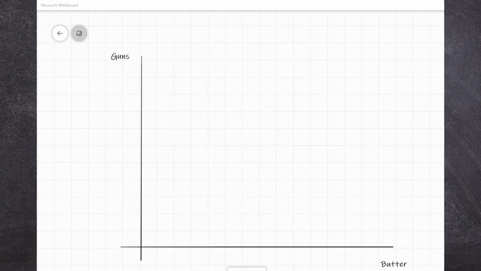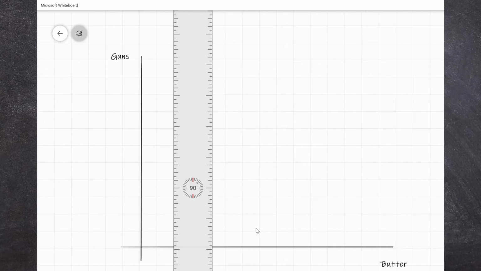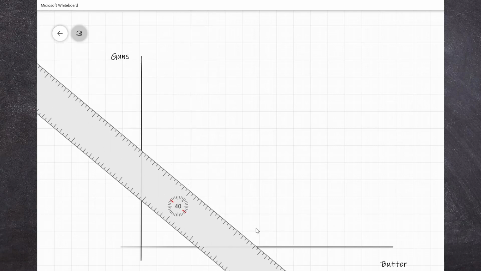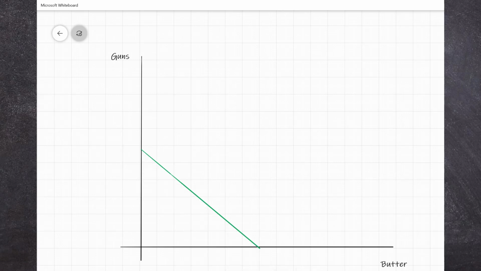So if we imagine instead that maybe we have a straight line for our production possibility boundary, notice that the slope is constant along all points of this line. That means that the opportunity cost of guns and butter is not changing as we produce different amounts. So the bow-shaped boundary allows us to have a changing opportunity cost, while a straight line or constant slope indicates that the opportunity cost is constant at all levels of production.